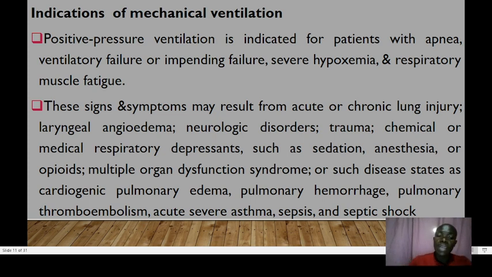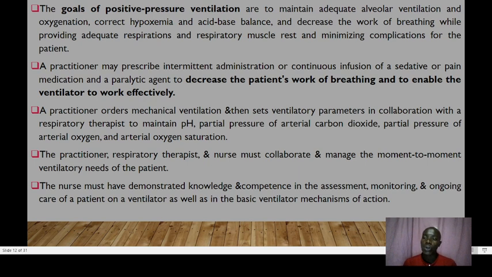So this could have resulted maybe from acute or chronic lung injury, laryngeal angioedema, neurological disorders, trauma, chemical or medical respiratory depressants such as sedation, anesthesia, opioids, multiple organ dysfunction syndrome, or such disease states as cardiogenic pulmonary edema, pulmonary hemorrhage, pulmonary thromboembolism, acute severe asthma, sepsis, and septic shock. All of them are going to present some symptoms that will warrant the need for mechanical ventilation.